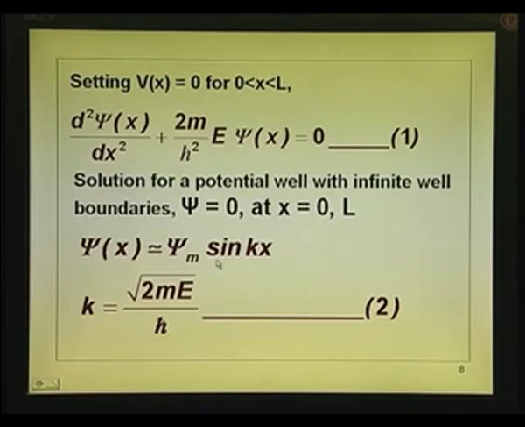So, at x equal to L, psi of L will be 0 if k into L equals n into pi, n varying from 1, 2, 3. So, n are the eigenvalues, integer numbers which take 1, 2, 3, 4, 5.